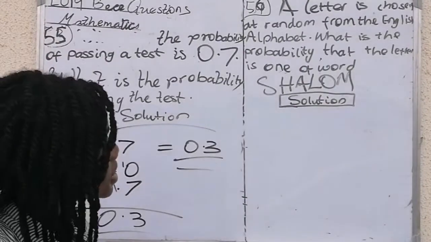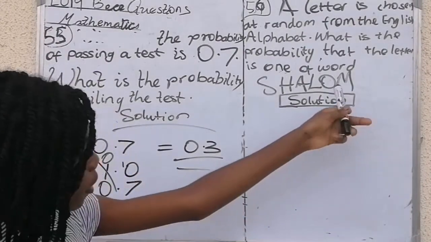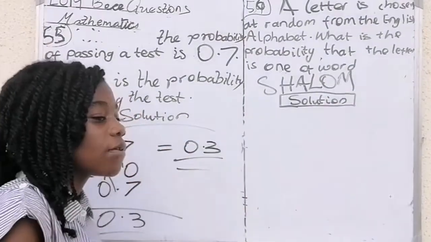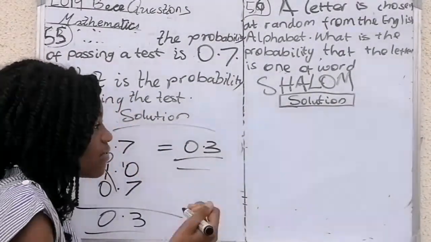Now, number 56 says a letter is chosen at random from the English alphabet. What is the probability that the letter is one of the word shalom? So now, I want you to know the formula for finding the probability of an event.